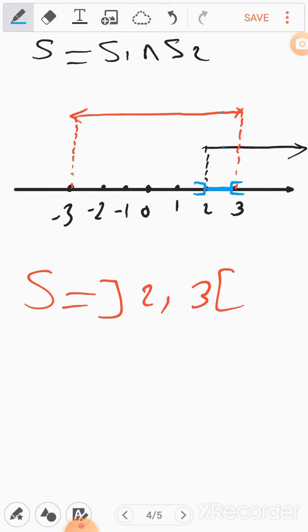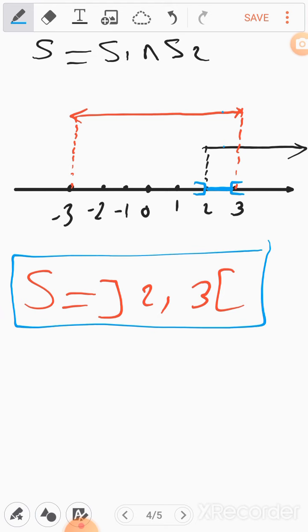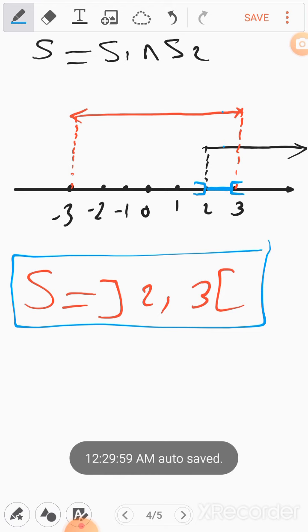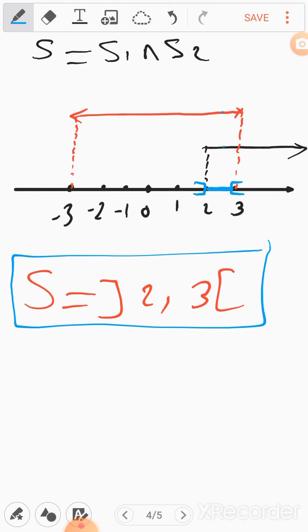So in this interval, the two lines are above each other, so the intersection is 2, 3. The common values between S1 and S2 are all the values that are in the interval 2, 3. So this is the solution S of the system. The values of x that are in the interval 2, 3 satisfy the two inequalities simultaneously.